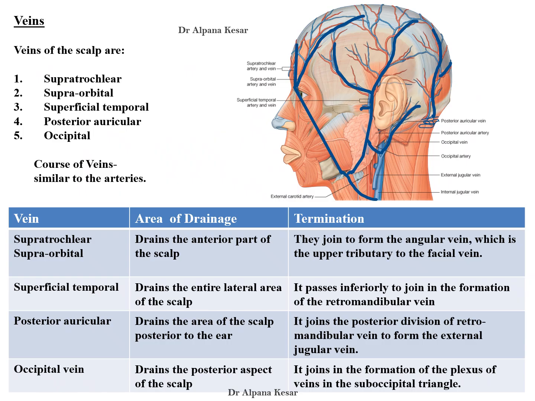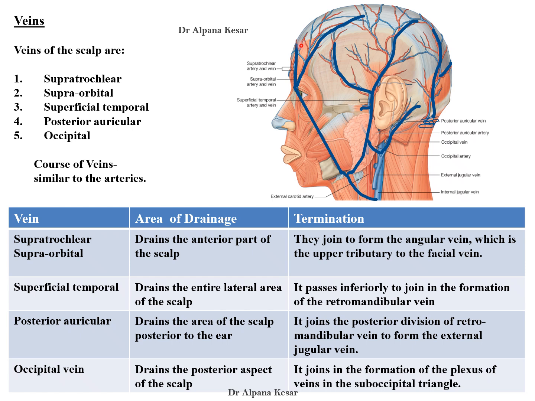Venous drainage of the scalp. Five veins drain blood from the scalp. They are supratrochlear, supraorbital, superficial temporal, posterior auricular, and the occipital veins. These veins drain the same area which is supplied by the arteries that they accompany.